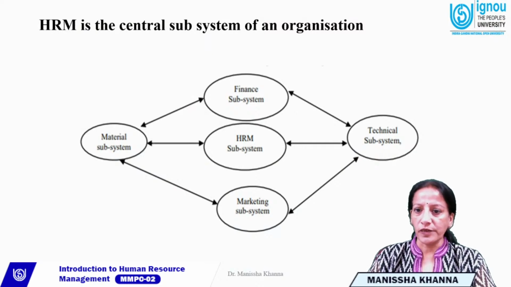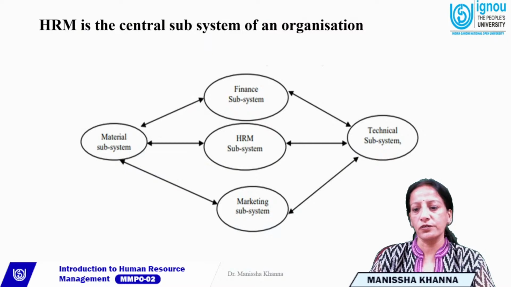The financial aspects are interrelated with technical subsystem, technology, and the updations on any processes. The technical subsystem and material subsystems are interrelated with marketing subsystem, and human resource is the central of all the subsystems, because whatever be the systems, whatever be the functional area, human resources are involved there.